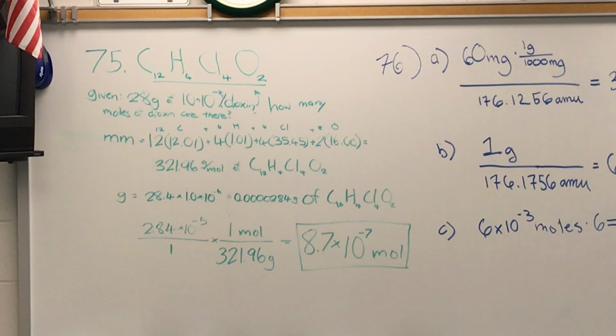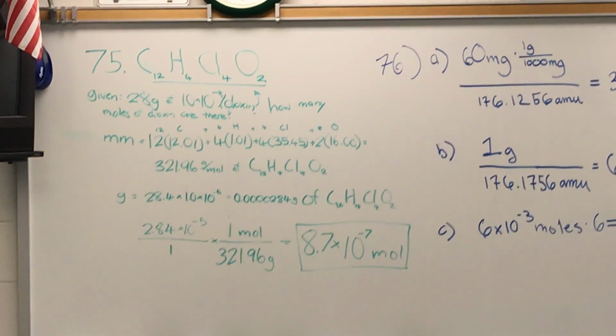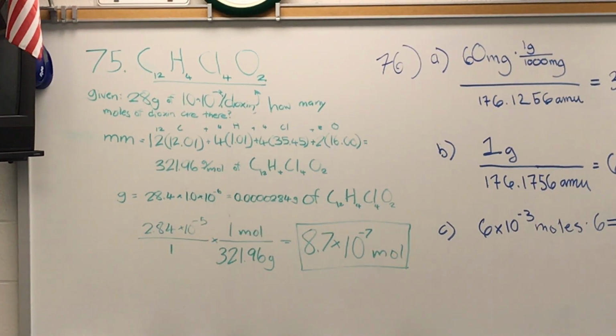It said 1.0 times 10 to the negative 4%, which was actually the chemical. So of the 28.4 grams given, only 2.84 times 10 to the minus 5th was actually the chemical. Then to convert the grams to moles, just use the molar mass, which she shows the calculation for. Does everybody agree with those numbers?